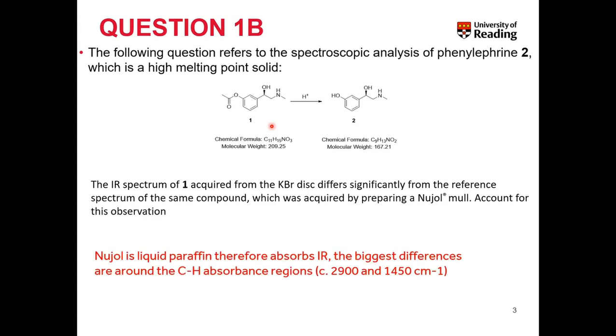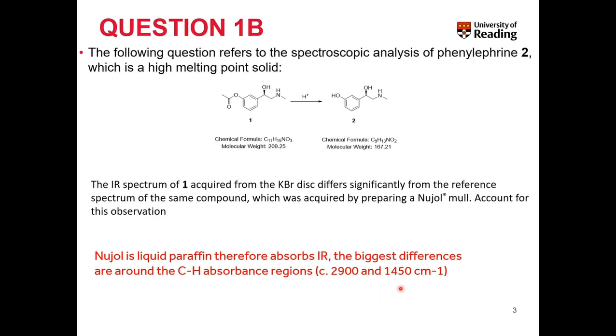So the answer to the question is that Nujol is liquid paraffin, or you can say it's an oil, and therefore absorbs infrared light. The biggest differences are around the CH absorption regions. These are typically around 2,900 wavenumbers, but anything between 2,900 and 3,000 wavenumbers would be accepted.